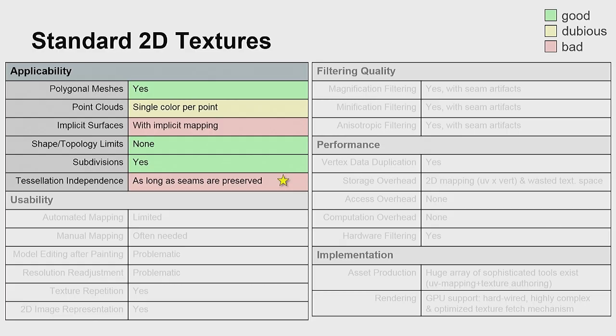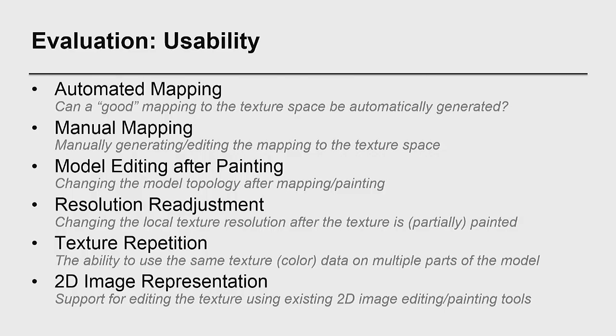So this is applicability. We have usability. This is about how you would generate the texture map and what kind of problems you might have with it. Is there automated mapping? Is it good enough? Manual mapping, can you do it, or do you want to do it at all? Model editing after painting, is that even possible? Resolution readjustment, which is something important.